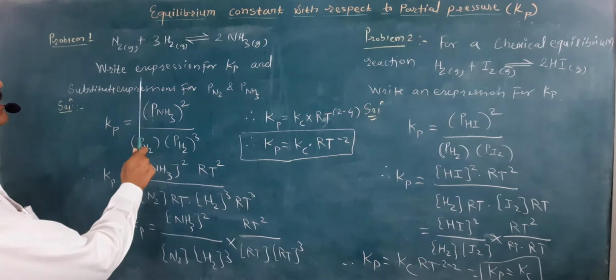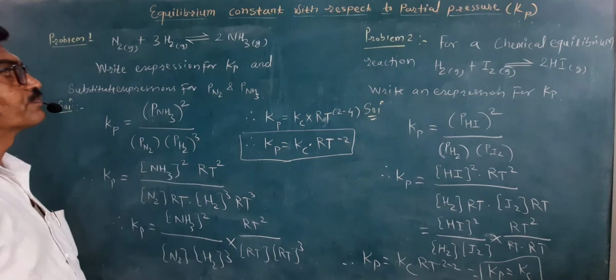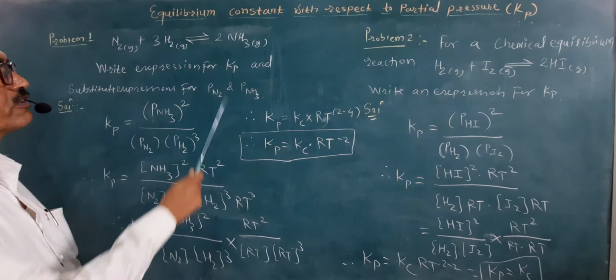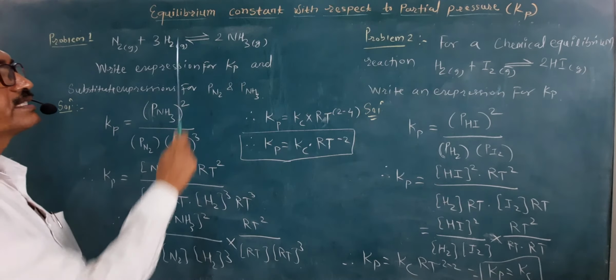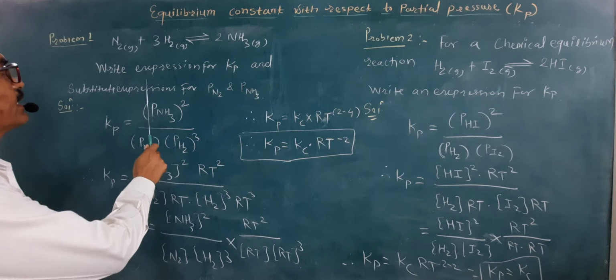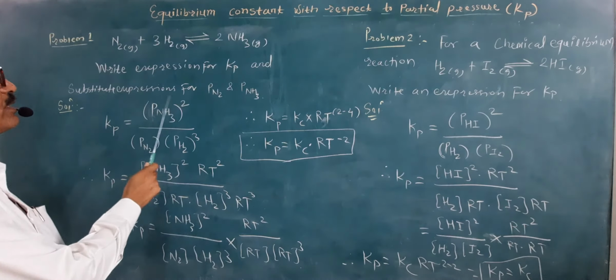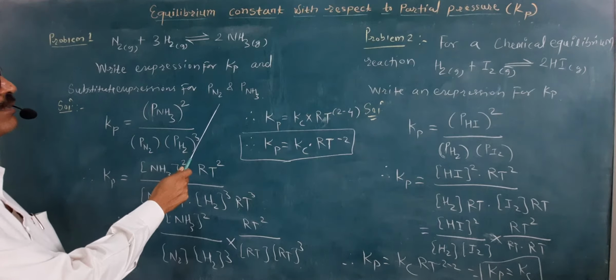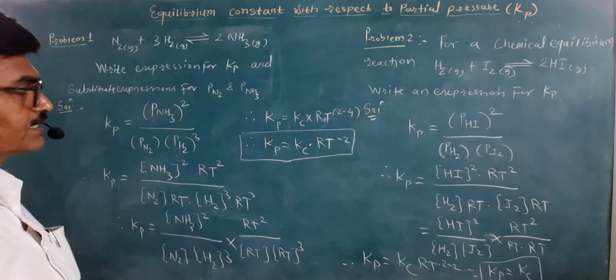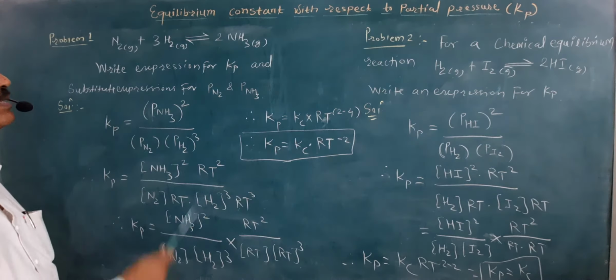So we have to write the expression for Kp. That is, we have to write the equilibrium constant in terms of partial pressure. So write the expression for Kp and substitute expressions for the partial pressures of N2 and NH3. So how can Kp be written?